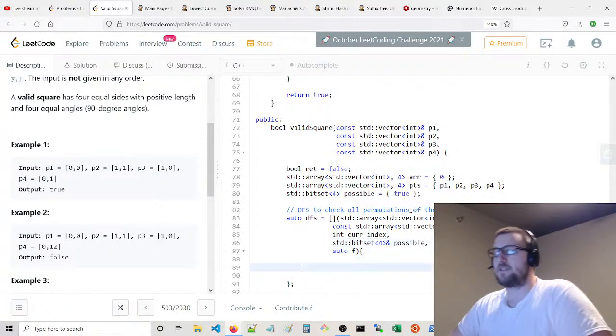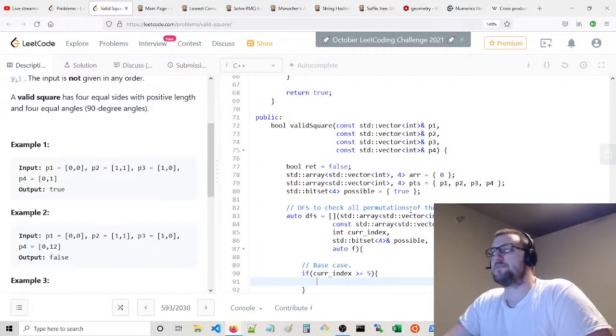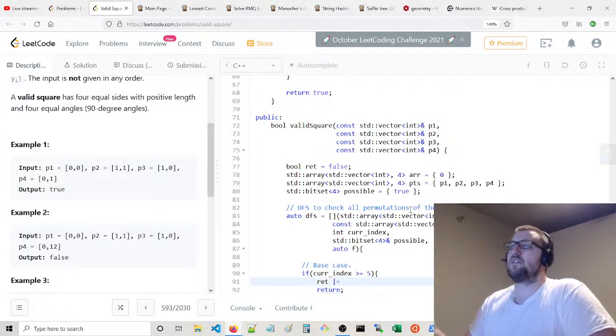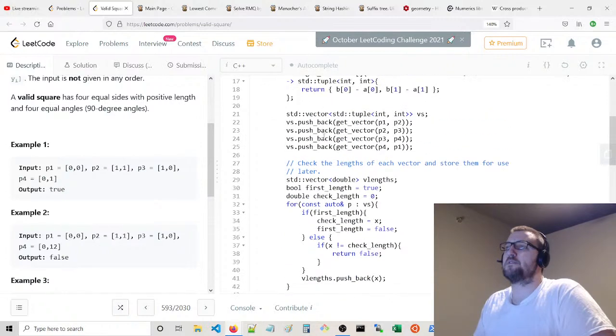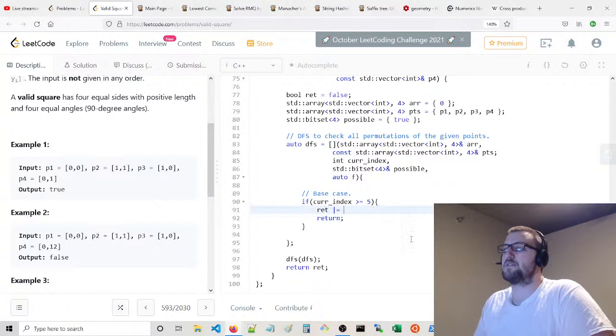And we would do something like base case: if current index is greater than or equal to 5, then we're going to return, ret or equals, with check square on each of these points.